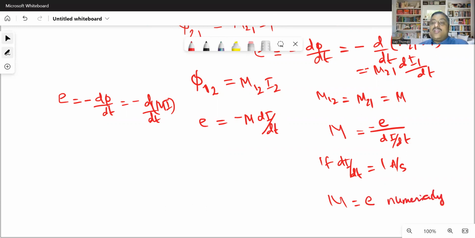So how will you define the coefficient of mutual induction or mutual inductance? It is defined as the induced EMF in one coil when current through the neighboring coil changes at the rate of 1 ampere per second.